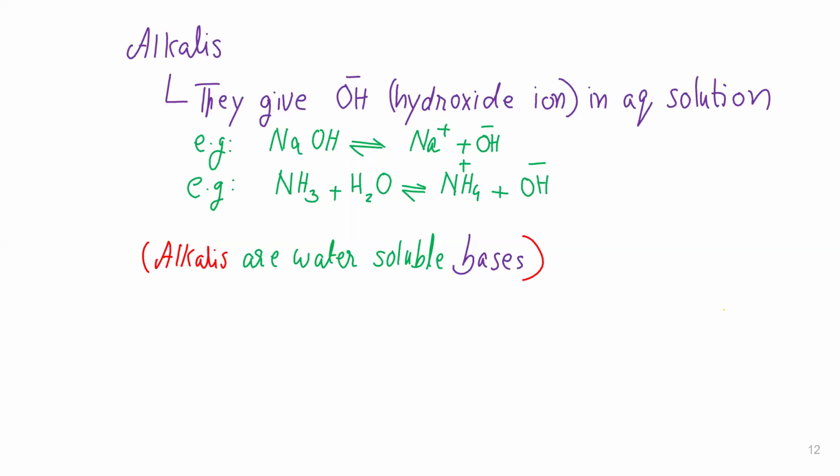The scale is 0 till 7 and then 7 till 14. Will ammonia be like 8 or 9? Ammonia will be close to 7, because it's very weak. Like NaOH is somewhere around 14, because it's very strong. It's strongest.